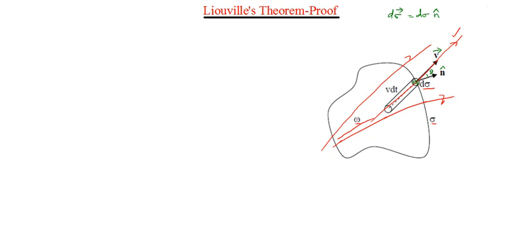I have already mentioned in the previous video that the velocity vector is actually in the 6n dimensional phase space. The velocity vector is also 6n dimensional. Usually the velocity vector in a 3-dimensional physical space has 3 components, like v equal to vx i plus vy j plus vz k.